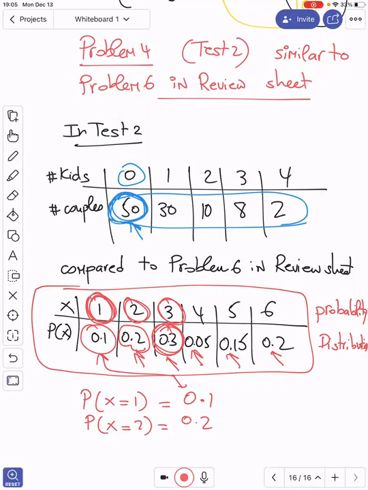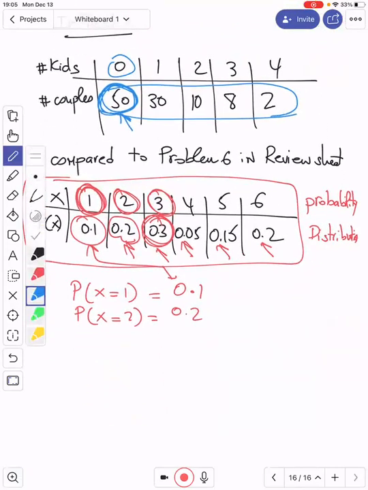So first, for this problem, we need to find the probability distribution of this table, the couples with a number of kids. So what's the probability distribution of the first table?